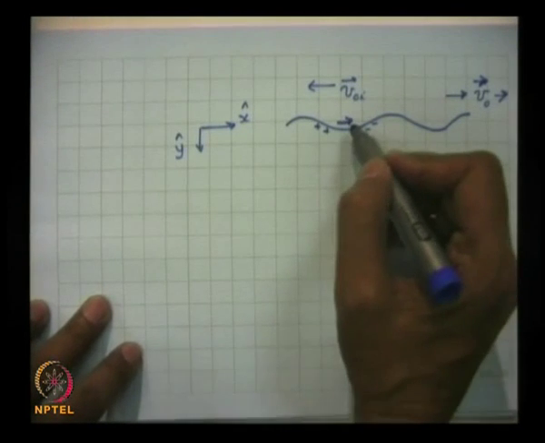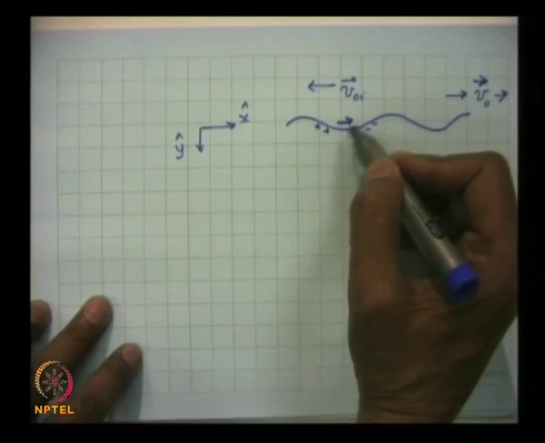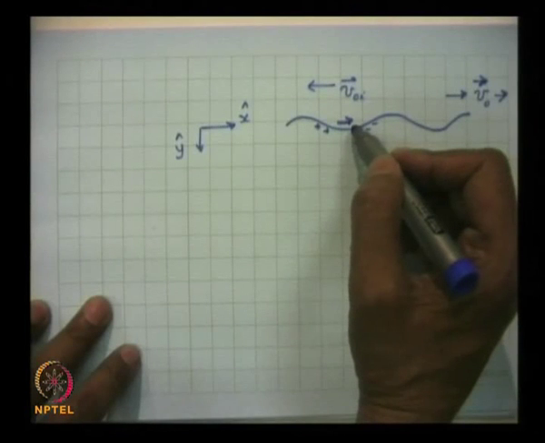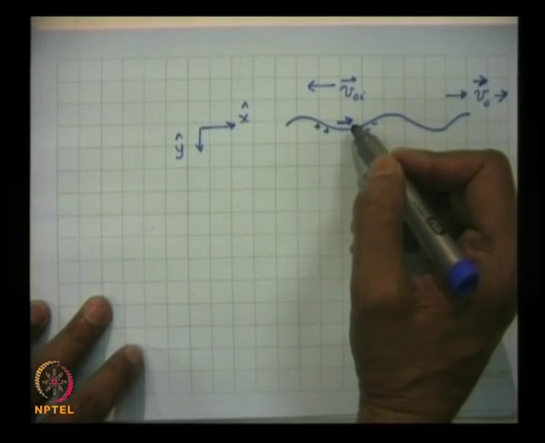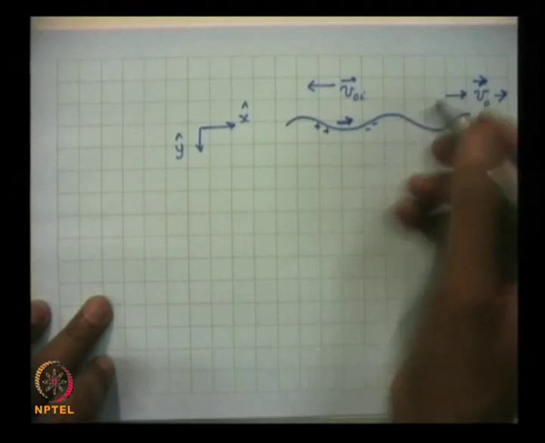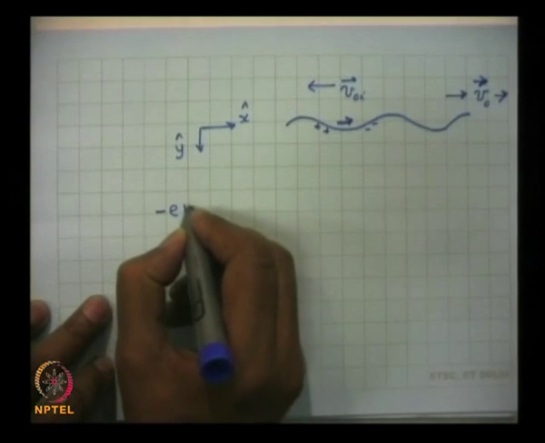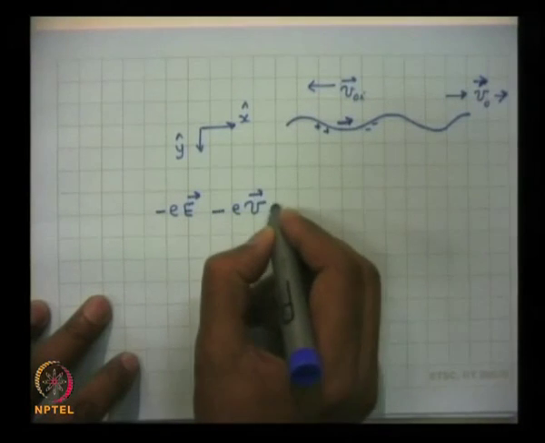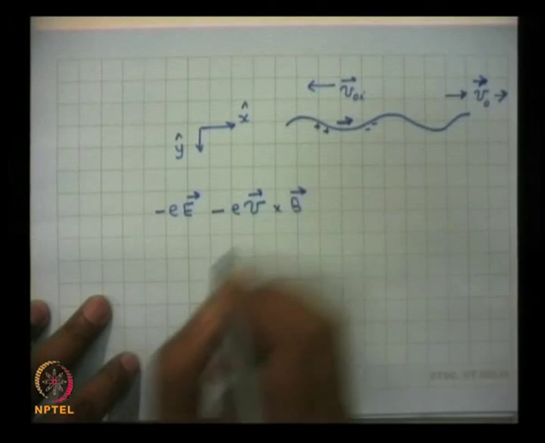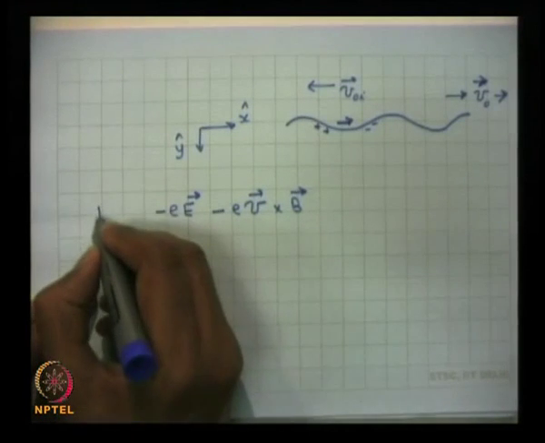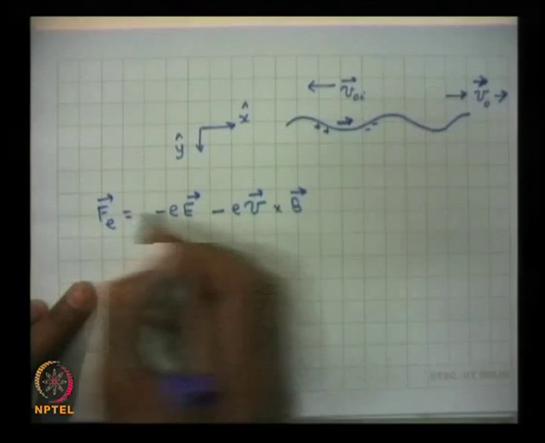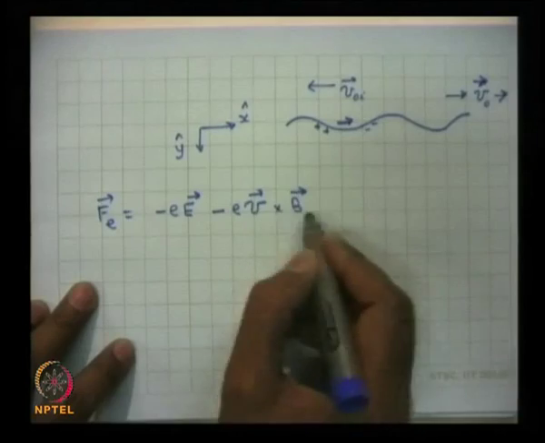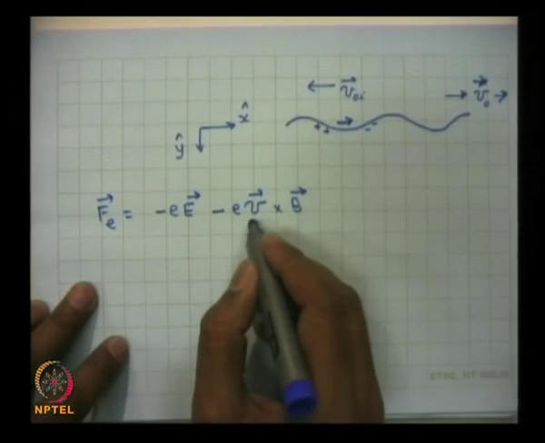Now, this is the electric field in the x direction, the magnetic field is in the z direction. So x cross z, if you calculate the force, the electric force will be minus E on the electron and the magnetic force would be minus E V cross B. This is the net force on the electrons due to the electric field plus the velocity that is generated by the V cross B motion.